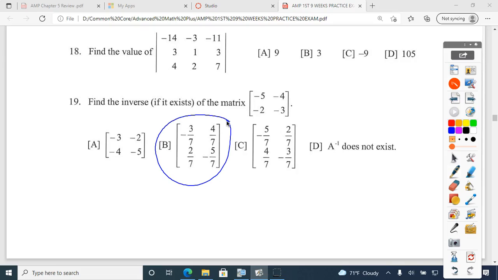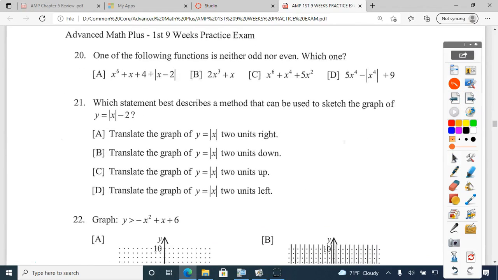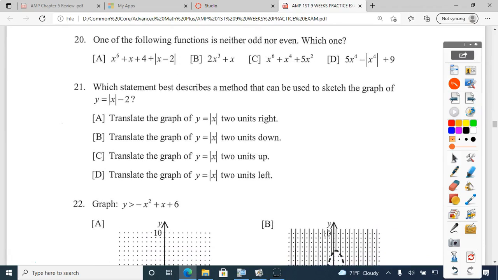Next page, number 20. One of the following functions is neither odd nor even. Which one? Remember, to be neither odd nor even, you have to have odd exponents and even exponents together. This would be my answer. It has 6.